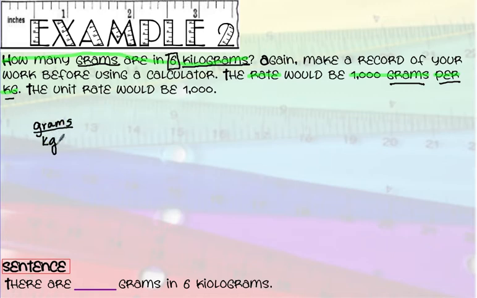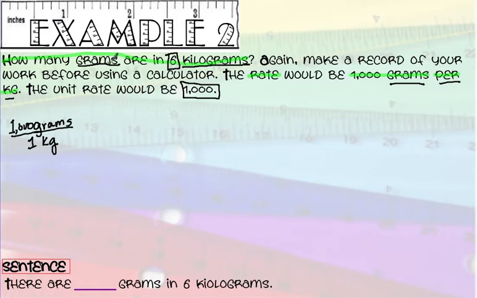And I know that there are 1,000 grams for every 1 kilogram. And then my unit rate would just be 1,000 because it's 1,000 over 1, which is 1,000.